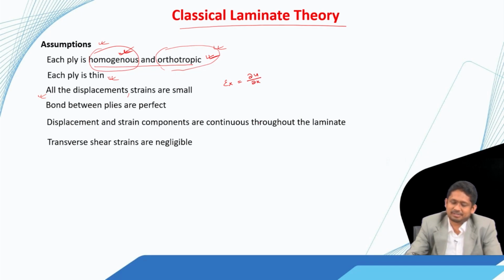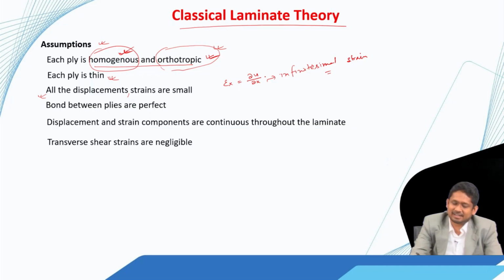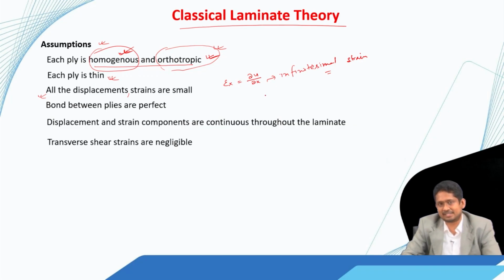Now, this kind of definition uses the infinitesimal strain assumption. That means, the deformation is very small, and if the deformation is very small, then we can say that the higher order terms of del u by del x, like del u by del x square, similarly, there can be higher order terms of del v by del x, del v by del y, del u by del y, all the derivatives of all the displacement components, they are negligible if this itself is small.